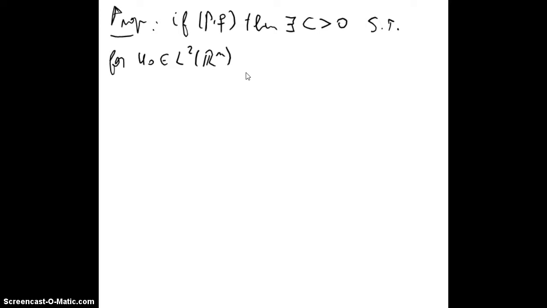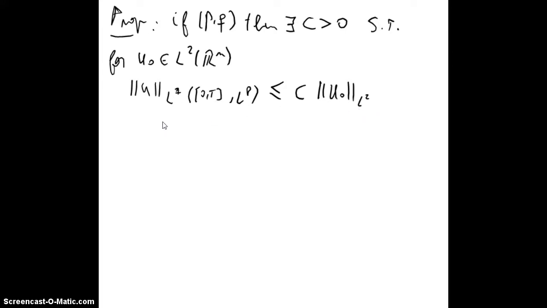So our proposition: if (p,q) is an admissible pair, that satisfies the condition that we just saw, then there exists C positive such that for u_0 in L2 of R^n, we have that the norm of u in L^q(0,t) of L^p is less than or equal to C times the norm of u_0 in L2.